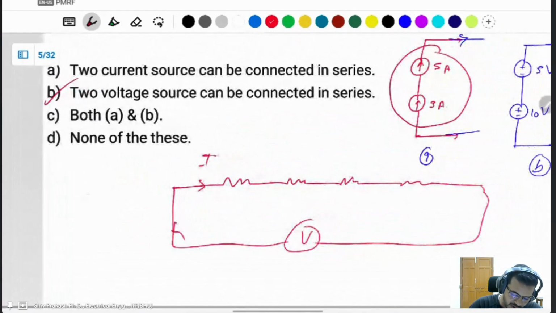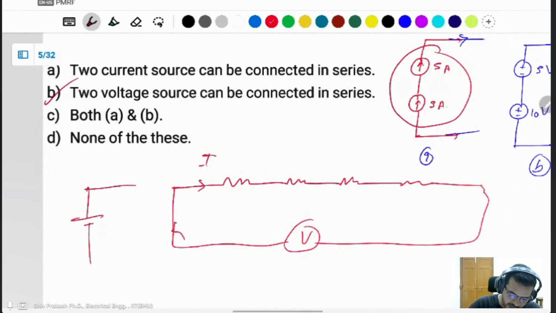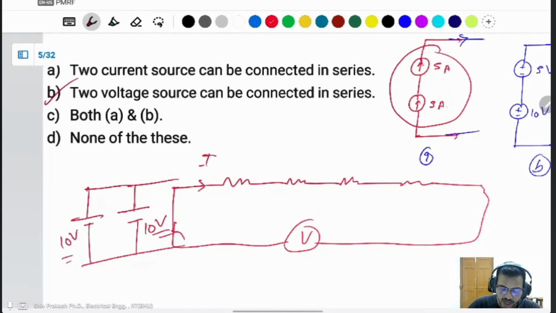This is also a violation of KVL. You can't connect different sources like 10 volt and 10 volt, like that. You can't connect like that. Suppose you connect a 50 volt, then what happens?